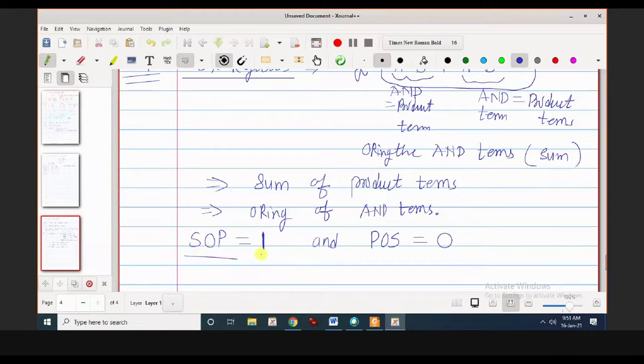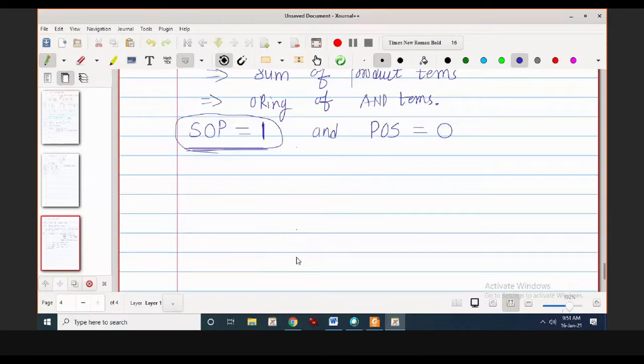But for SOP we will be working for logic ones. Whenever we do K-maps and circuit designing, we will be doing it only for logic 1. Basically, this means there are two types of logic.